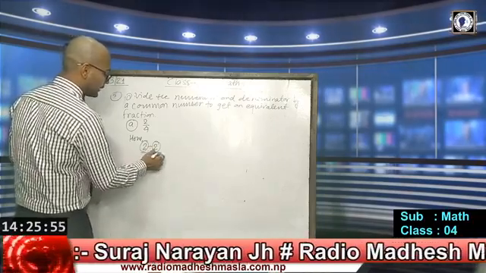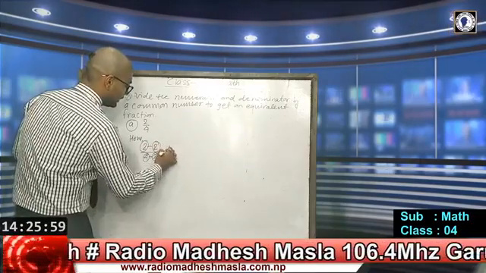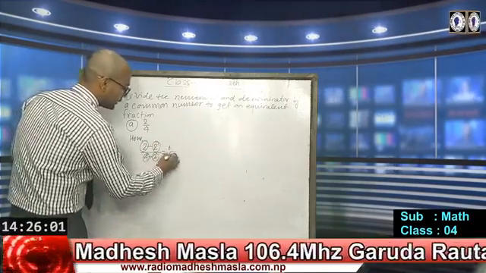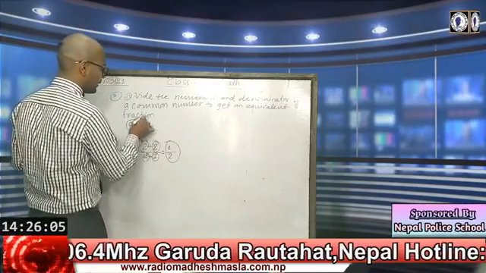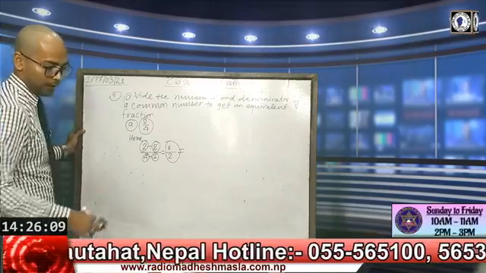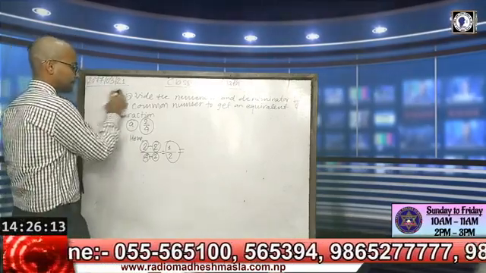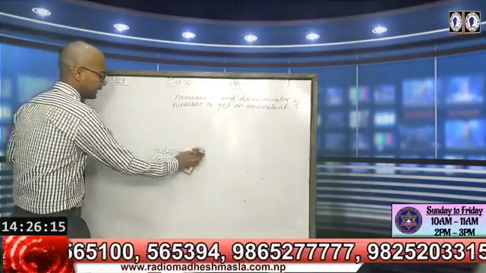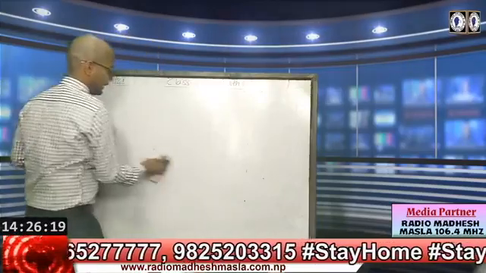After dividing, 2 ones are 2, it means 1, and 2 twos are 4, it means 2. So we will get 1 by 2 as the equivalent fraction of 2 by 4. In this way, we can find the equivalent fraction of the given numbers by the dividing method.